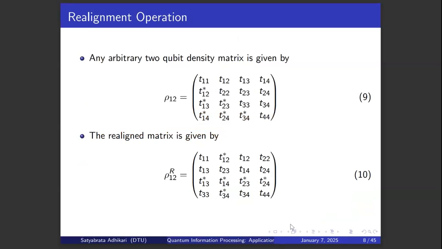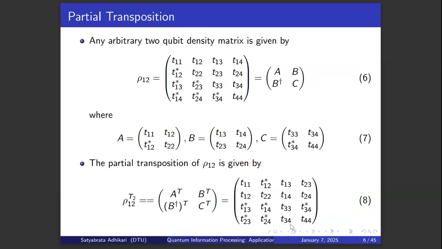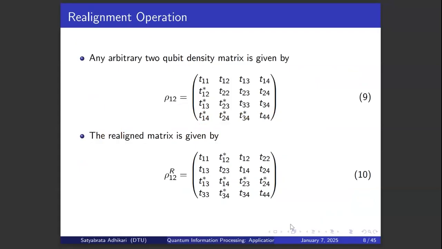Now come to the second block matrix B: T13, T14, T23 and T24. You can write these elements in a row again: T13, T23, T14, T24.